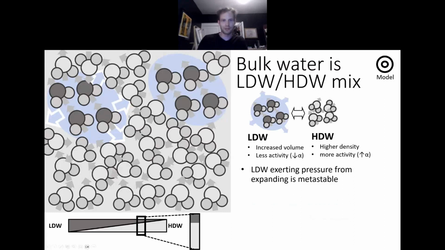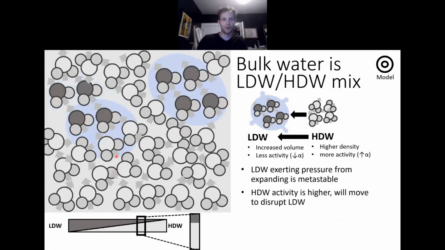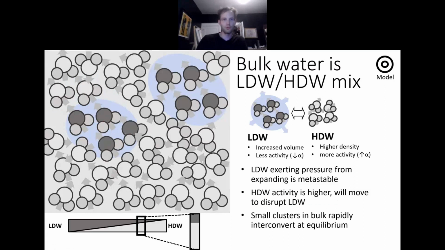So the high density water wants to push back, and this will collapse some parts of low density molecules. So you can now move these pockets of low density water around by these two phases attacking each other. This is how this model looks at bulk water.